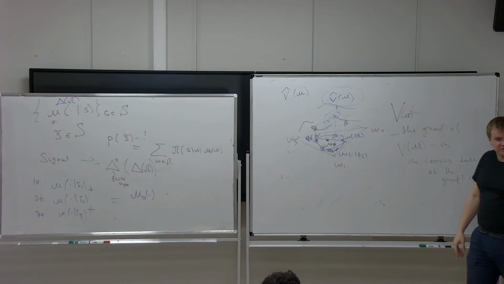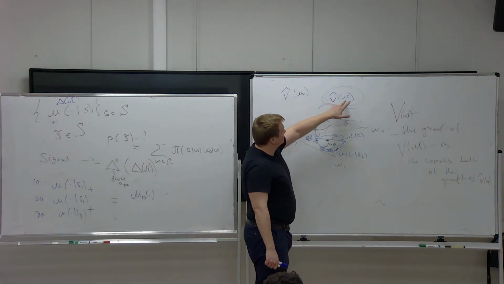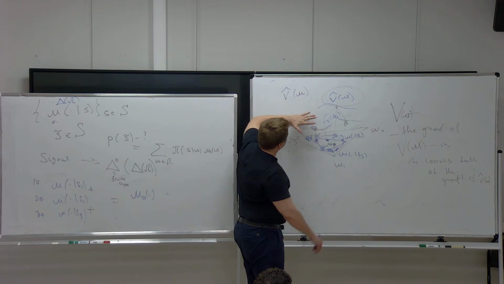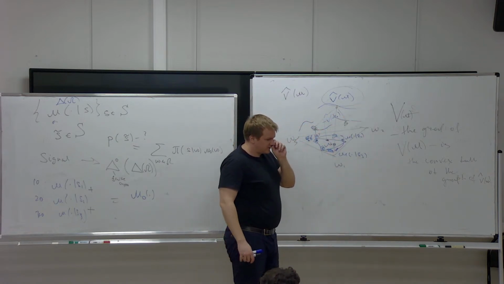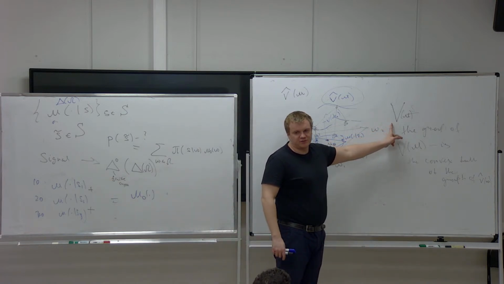So I start with v hat, which I can compute easily from the primitives of my game. And now I'm interested in all this. This function is called the concavification of v hat.